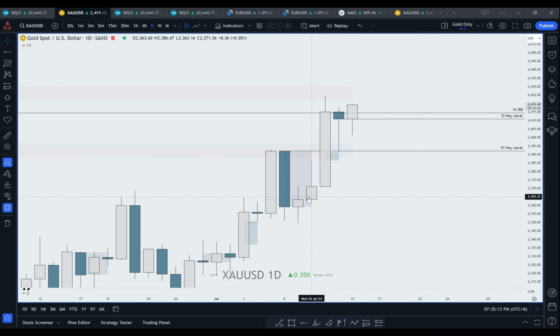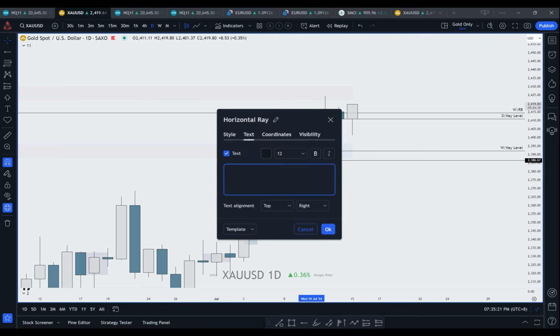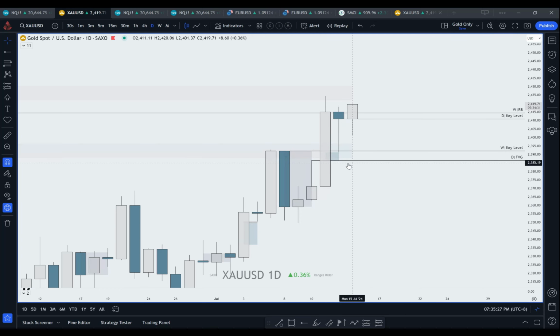So we can call this one our daily fair value gap, right? This one is the daily fair value gap. And other than this, I don't see any when the day was started. So this is the previous day and we don't have anything.